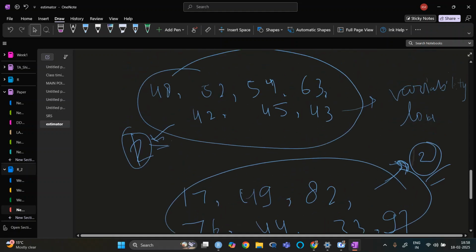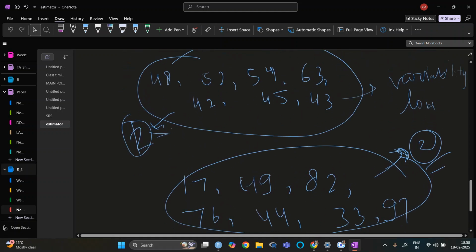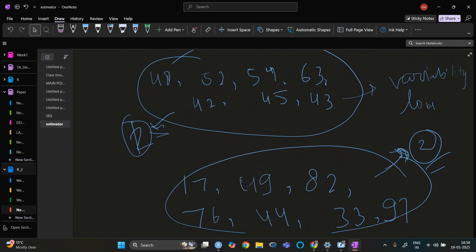Now what I was saying is that if the variability is low, then we can really understand the real population or the sample. Here you can see that numbers are between 40 to 65. So if I say that it is around 70 or 100, I can say that the students have performed very well.